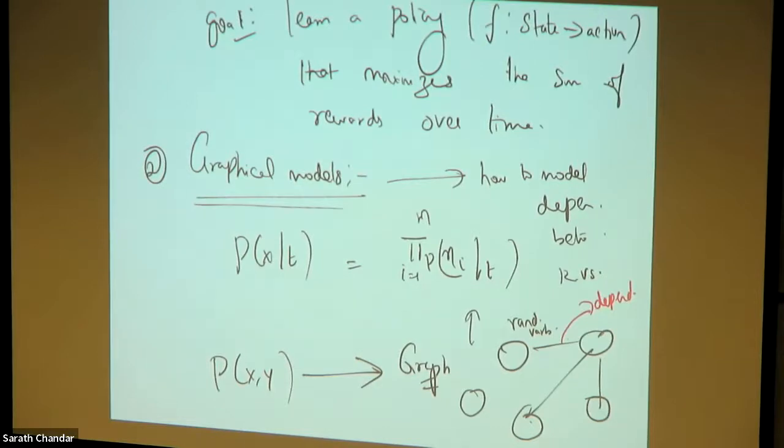Graphical models are also a framework, just like neural networks are a framework to model whatever functions you want. You can have a feed-forward network, a convolutional network, a recurrent network, skip connections; you can do a lot of things with neural networks. So a neural network is a template or a framework.